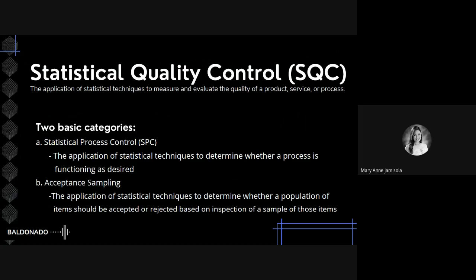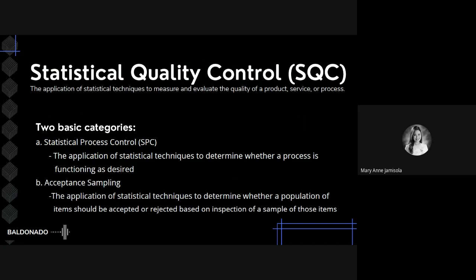Now, if you can imagine a manufacturing plant, the products are actually produced by batches or by lot. We call them batch or lot. So, to determine whether the quality of such batch or lot is acceptable or not, we should use acceptance sampling.